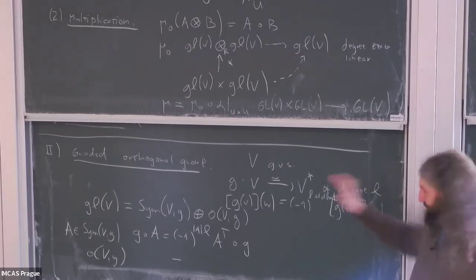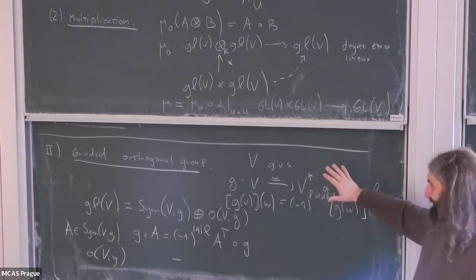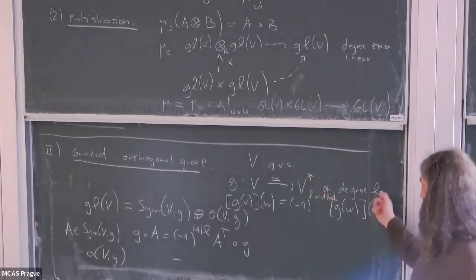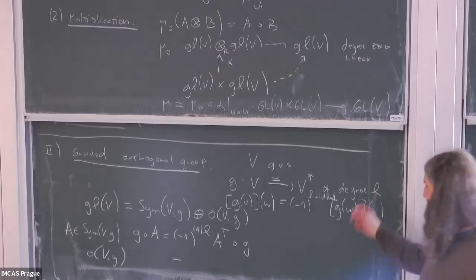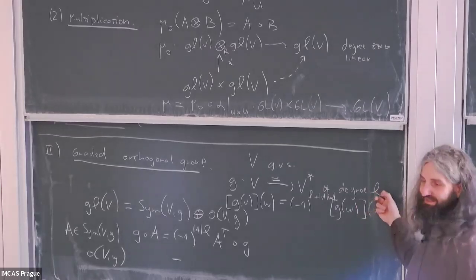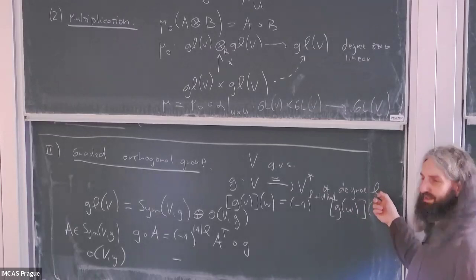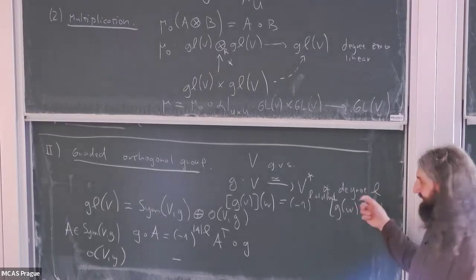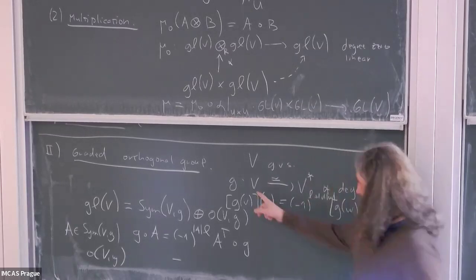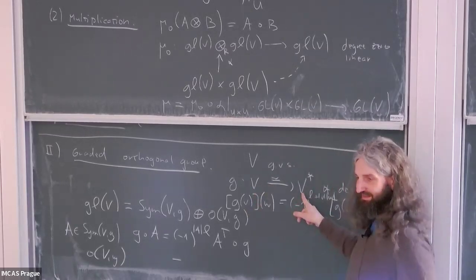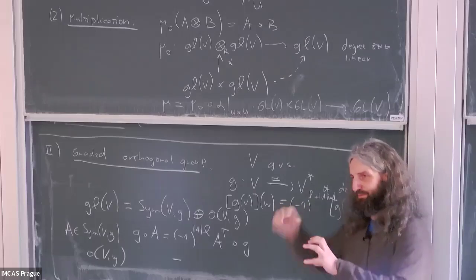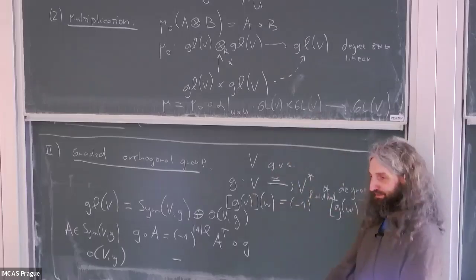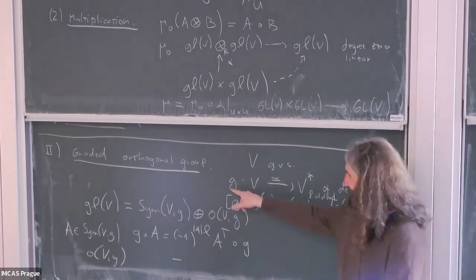There is something interesting happening, because I'm secretly not telling you a serious consequence of having a degree l metric: not every graded vector space admits a metric of a given degree. There are even graded vector spaces which do not admit any metric at all, right? Because this graded vector space and its dual have in general different graded dimensions, since the graded dimensions of one are labeled the other way around, and this is an isomorphism.